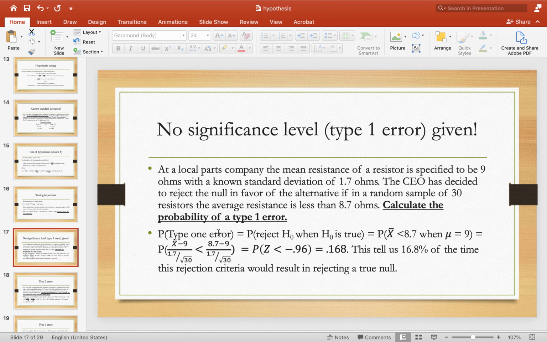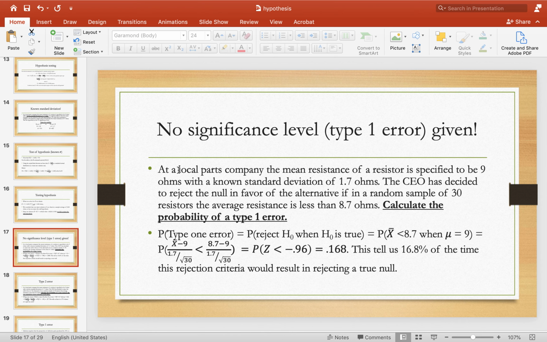So alpha, the significance level of our test, is equivalent to determining the rejection region. So in this case, we're not given alpha as we were in the past, but we're given the rejection criteria. So in this example, I'm asking you to calculate the type 1 error, which is known as alpha.